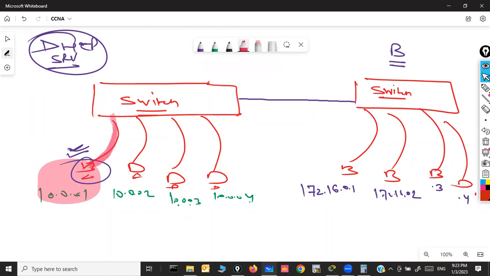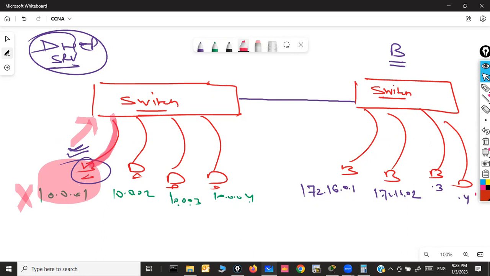Broadcast message means a message to the server: where is the DHCP server? Can you provide me configuration? I don't know your identity because I don't even have an IP address assigned to me. So without IP, it cannot directly contact the DHCP server. So this broadcast message means an unknown message, not a targeted message.